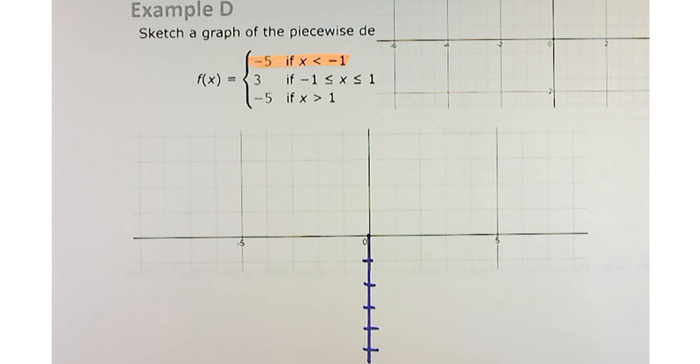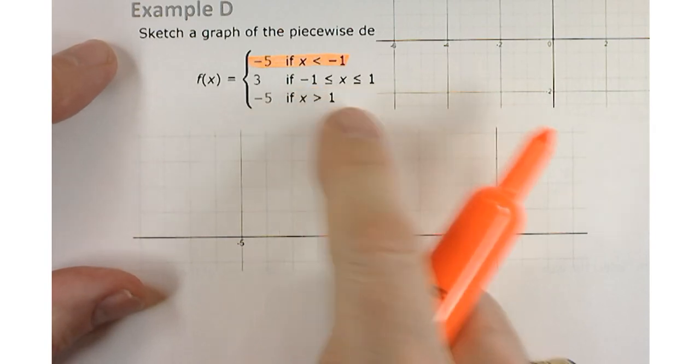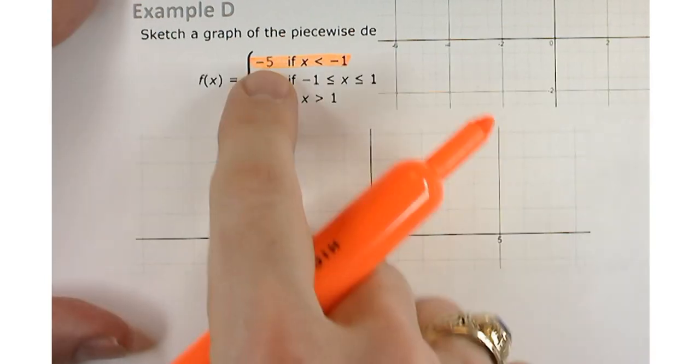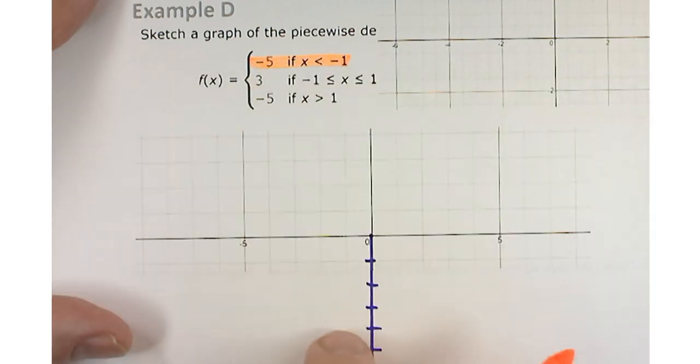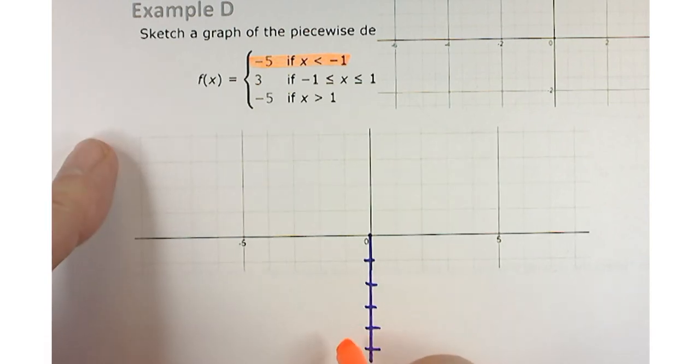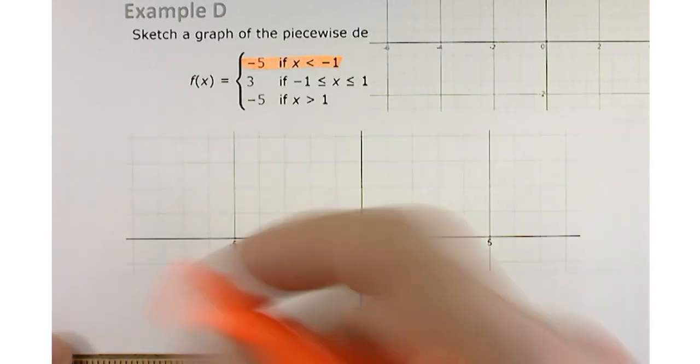Yeah, it's going to be a horizontal line. Where do I want to stop that horizontal line? At -1. Good. Kyle, when the graph at -5 stops at -1, is that going to get a solid dot or a hollow dot? Hollow. Hollow, good. So let me put a little hollow dot at -1 and -5, and then a nice horizontal line coming into that.